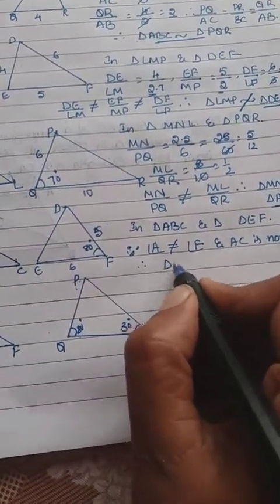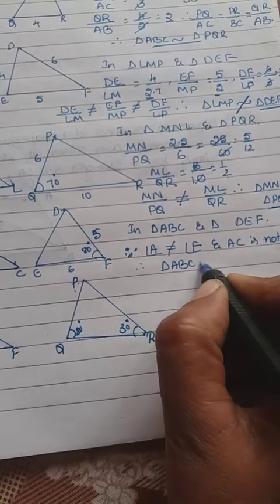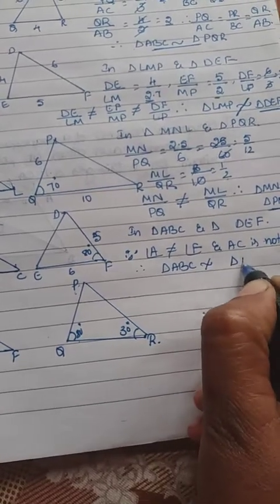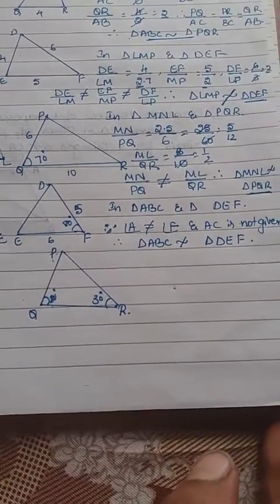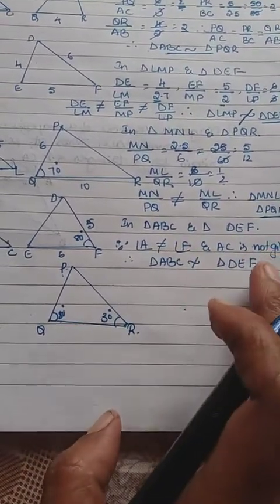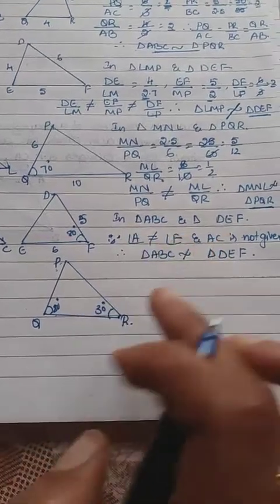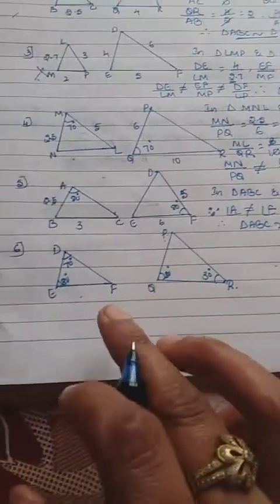Therefore we can say triangle ABC is not similar to triangle DEF. Hope you understand that. AC is not given, one thing, and angle A is not equal to angle F.